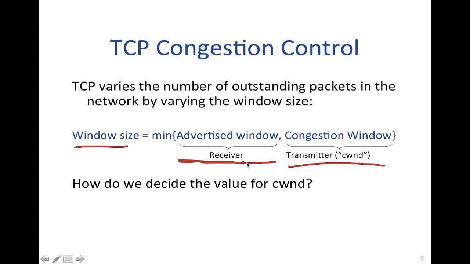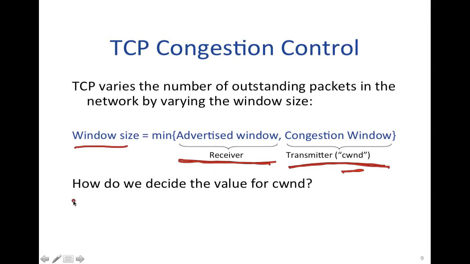So the advertised window comes from the receiver, and at the source or the transmitter, it's going to calculate the congestion window that's often abbreviated to cwnd. CWND stands for congestion window. And then it will take whichever is the smaller value. In other words, if the network is congested, then it's going to use cwnd, and if the network is not congested, then it will be dominated by the receive window, the one advertised by the receiver.